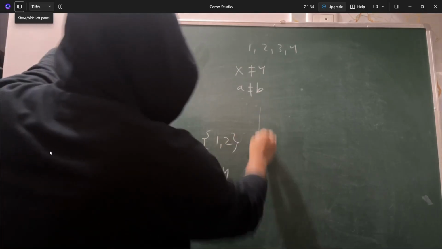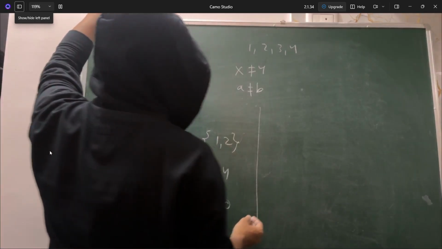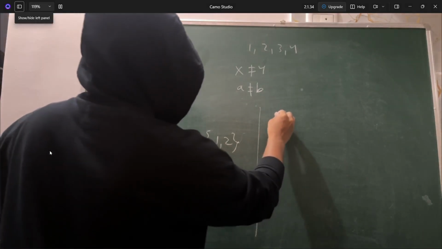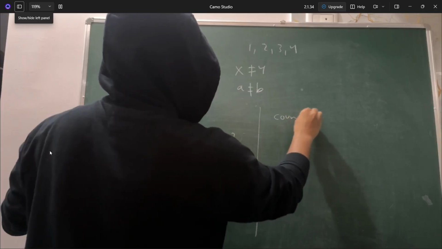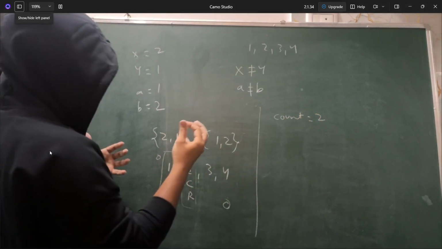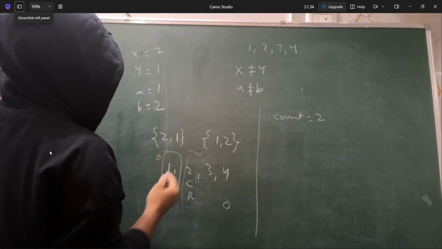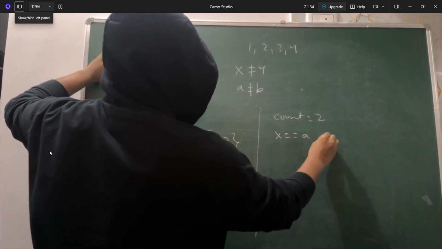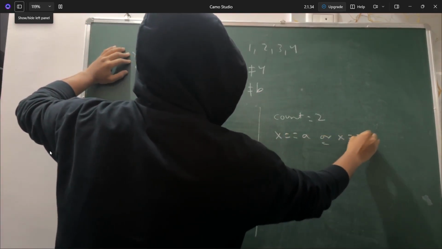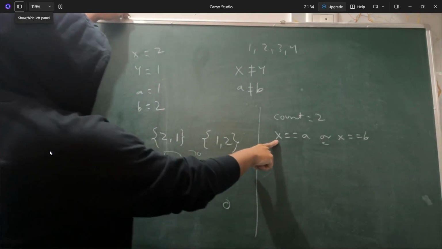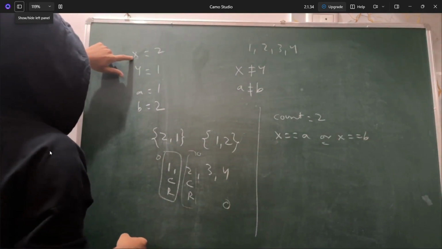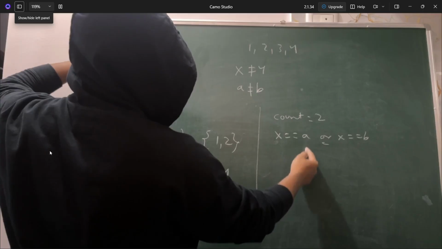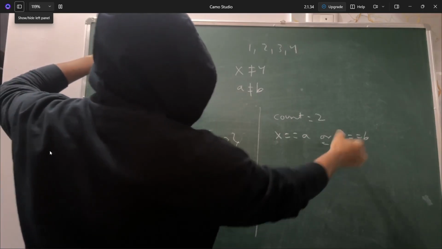So how do you solve this? First, we'll take one variable count which will initialize to 2, which means we'll assume that chef will win in both the categories, but we'll try to check if this x is equals to a or this x is equals to b, which means the category in which chef is participating is also participated by rival, which means rival is participating in these two category.